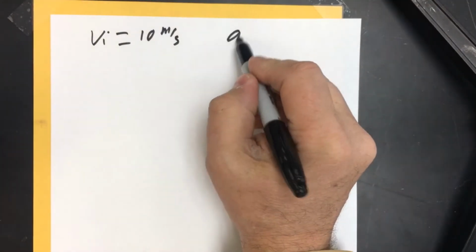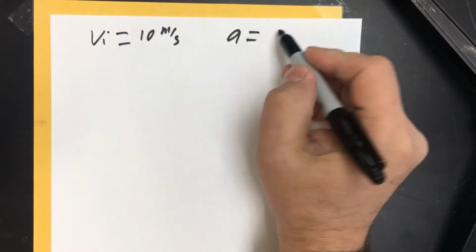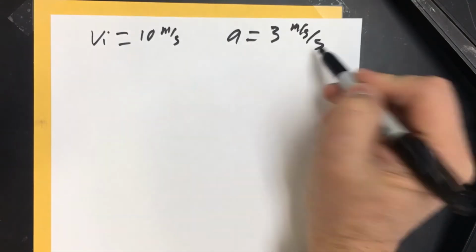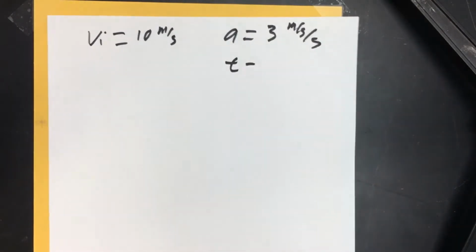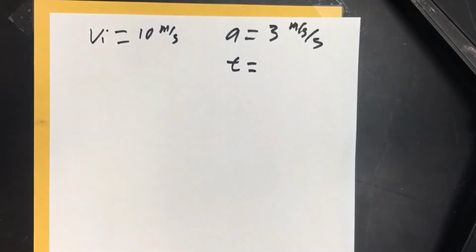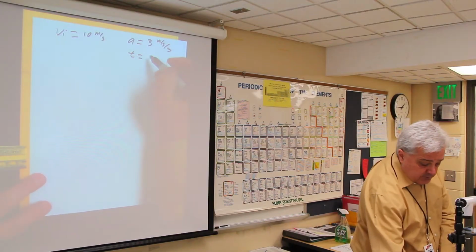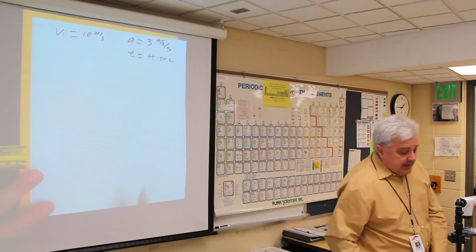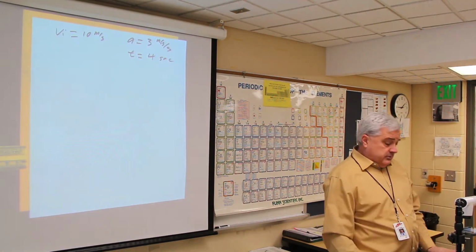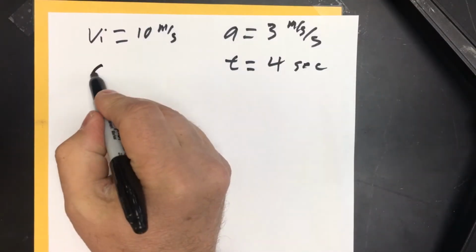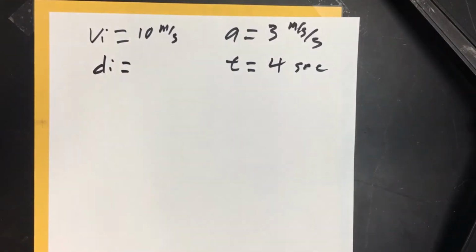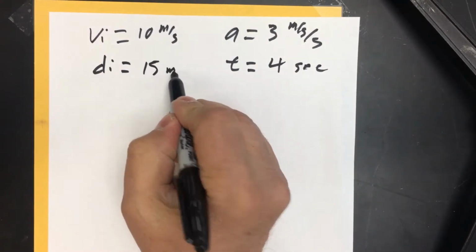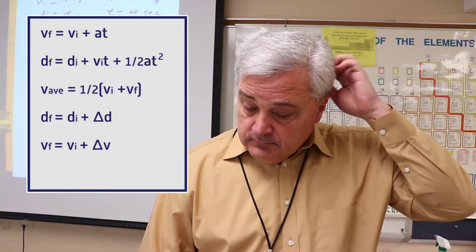The rate of acceleration is 3 meters per second per second. We'll say that this takes place over a period of 4 seconds. And just to have all of our variables represented, we'll say the object is initially 15 meters from the reference point.